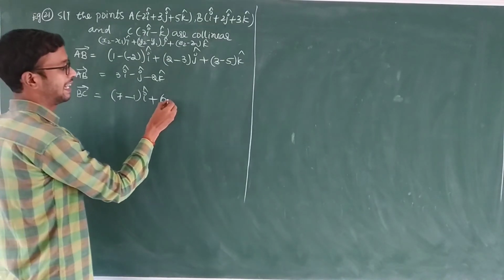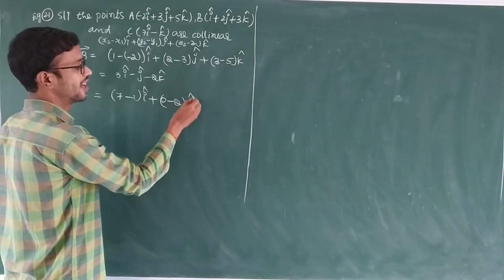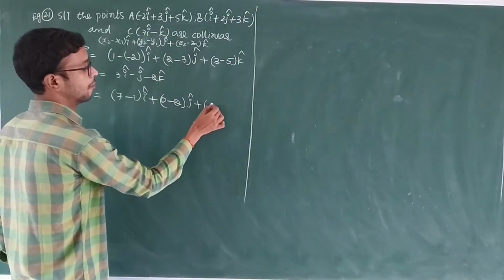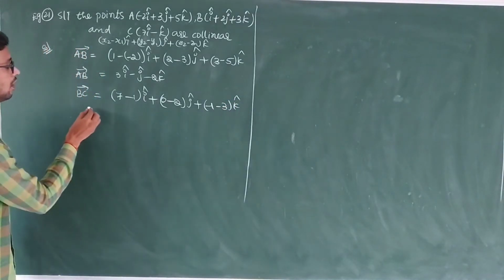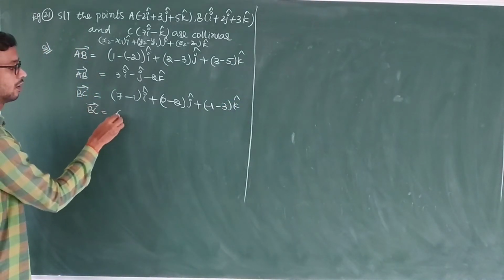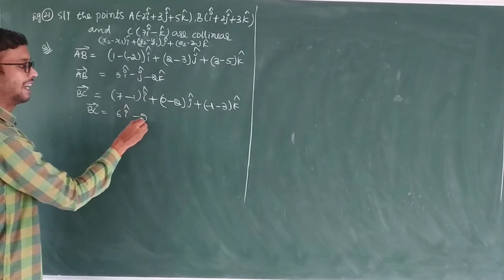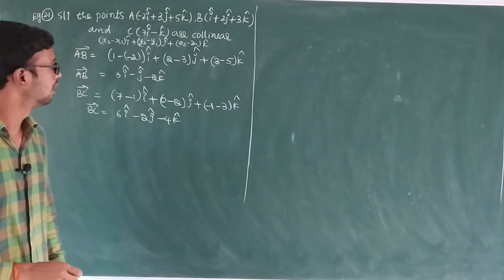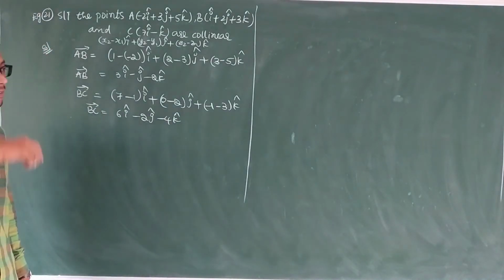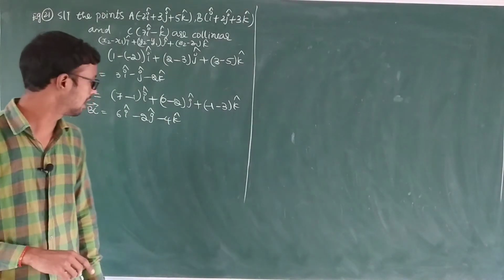So 0 minus 2 j cap plus minus 1 minus 3 k cap. BC bar is equal to 6 i cap minus 2 j cap minus 4 k cap. So now AB and BC are completed.